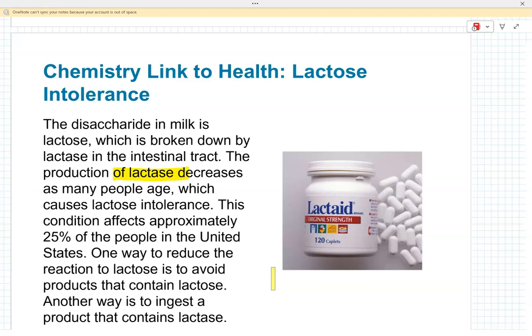When I become older, I may lose some of the ability to digest lactose. I may not. Like, I personally, I didn't. I can drink a couple of glasses of milk without risking exploding. Okay?